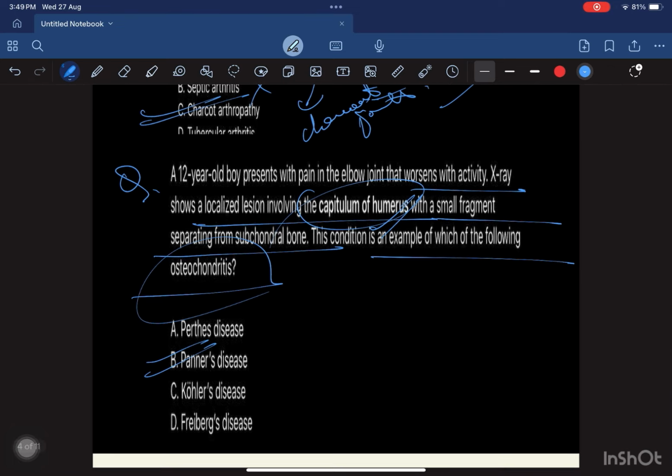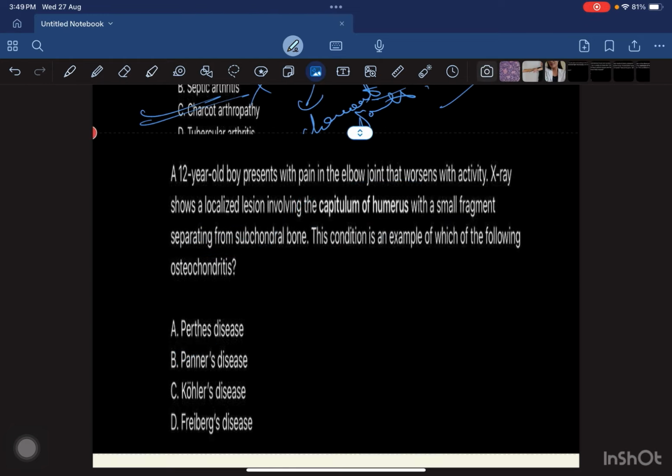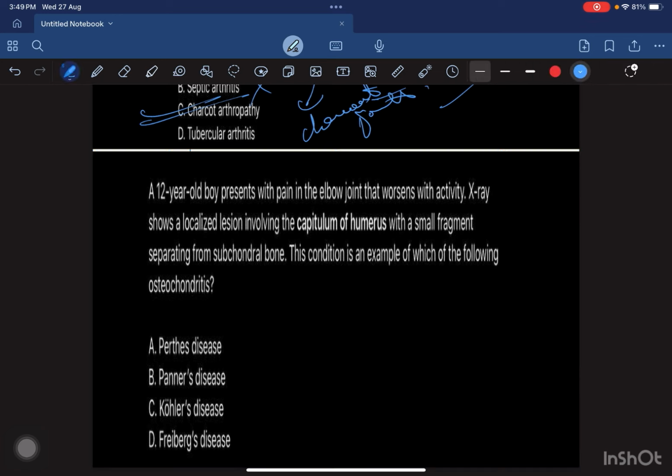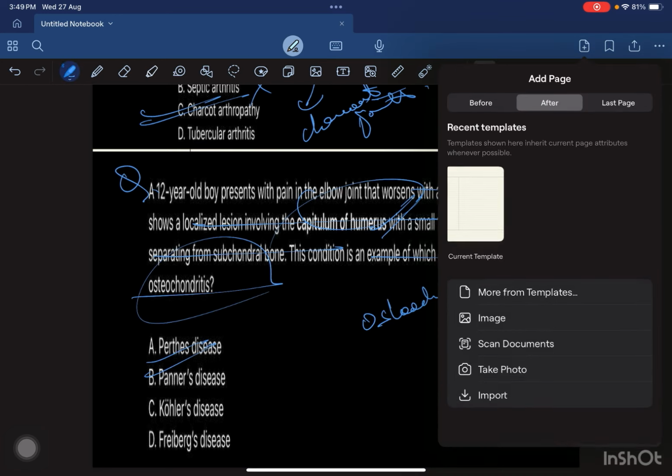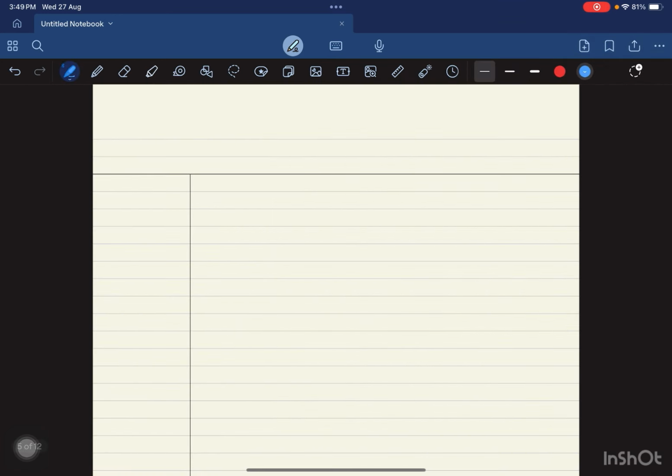For osteochondritis, we have to remember the important eponyms.